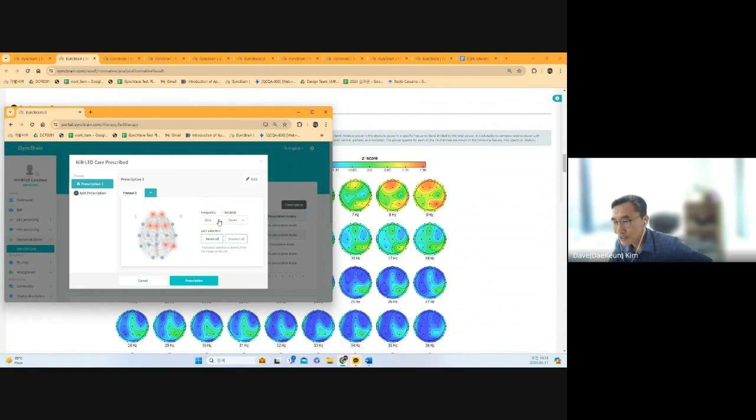So starting the frequency from, for example, 13 Hertz, then we can gently activate the frontal and the temporal, right parietal area and right parietal temporal area. At the same time, we can increase these two slow areas using this kind of protocol, and we can tune the frequency from 13 to 14.